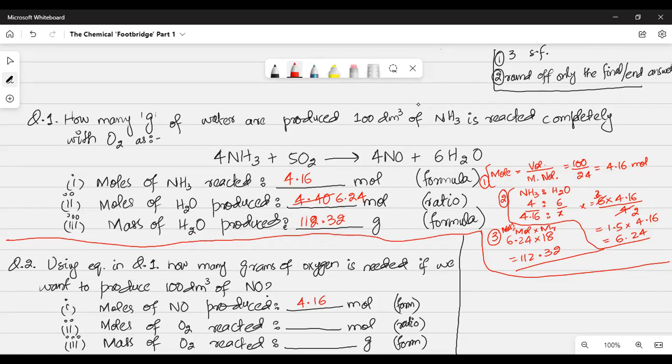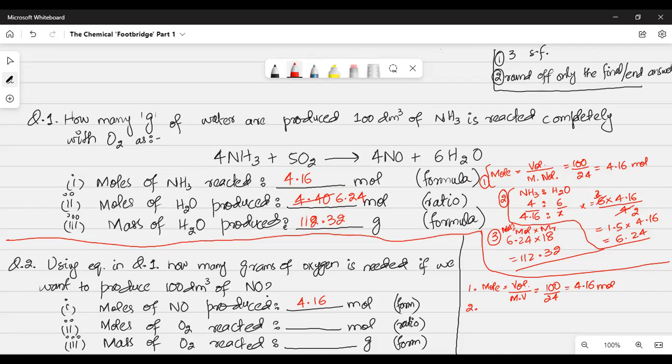Sir, is the answer 5.2 for the second part? 5.2. Okay, I hope that you did the same for mole is equal to volume over molar volume in the first part. That is 100 over 24, and that's how you got your answer of 4.16 moles.